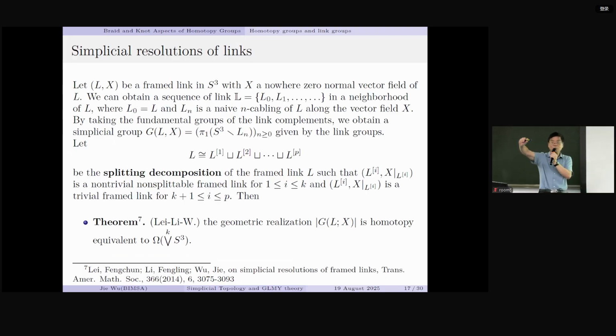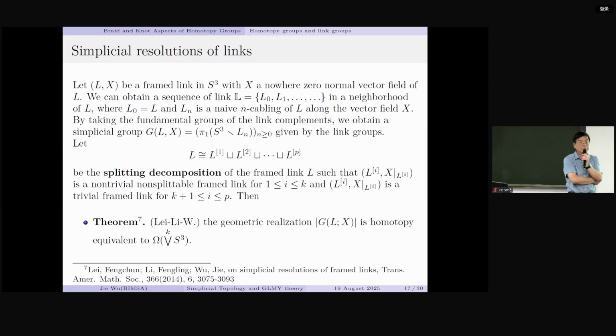And then you can do what we call naive cabling. You just go along this direction, cabling the links more and more, and it becomes a sequence of links. Then you just take the link group. In other words, you look at the complement and then take the fundamental group. That will create exactly a simplicial group.